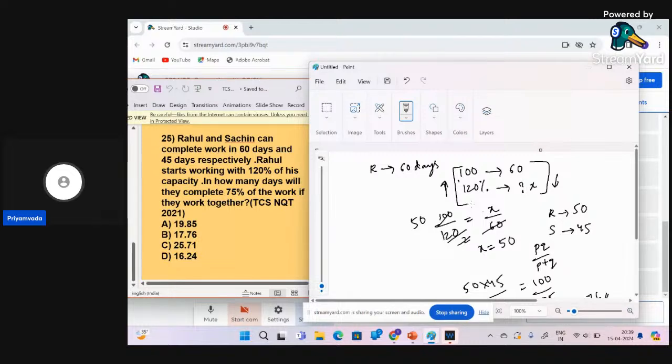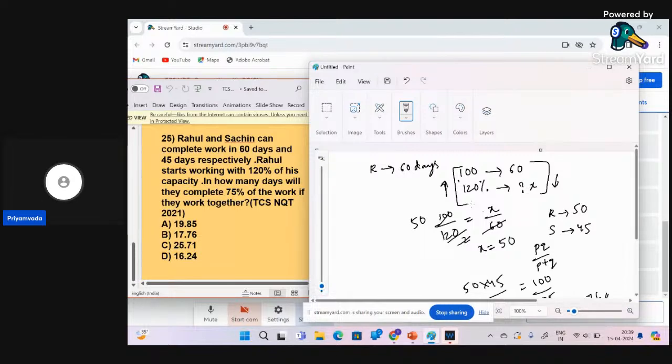Now we have the value of P and Q as 50 and 45. So 50 into 45 by 50 plus 45 will be the value. That is the number of days they take to complete 100% of their work. Right? For them to complete the 100% of work, they'll be using 50 into 45 by 95 days. But what are they asking in the question? In how many days will they complete only 75% of the work?